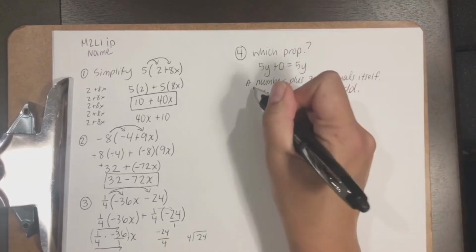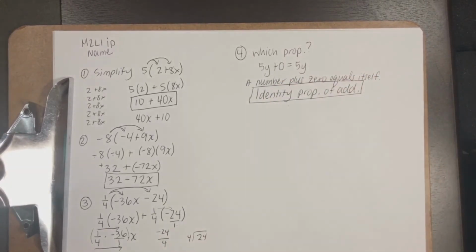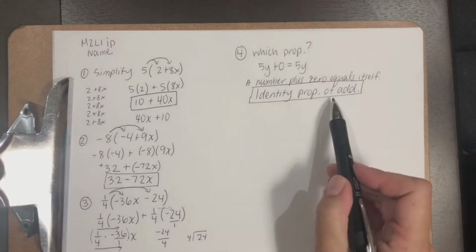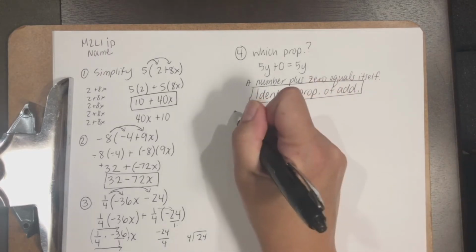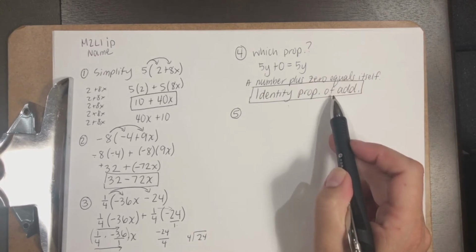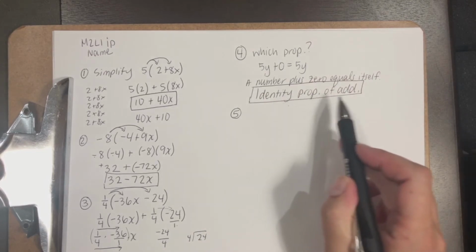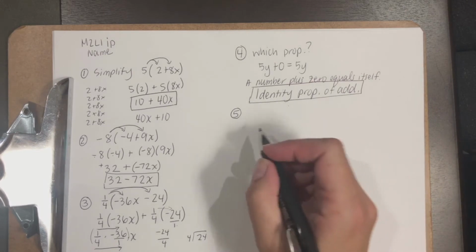And again, I'm going to abbreviate. So it is identity property of addition. In other words, you could say additive identity property. And you will need to say it both ways on the test. So identity property of addition or additive identity property.